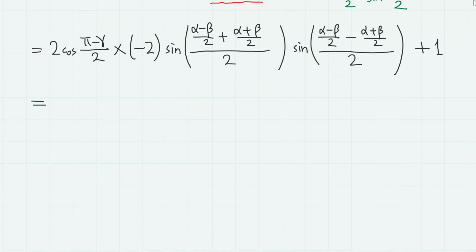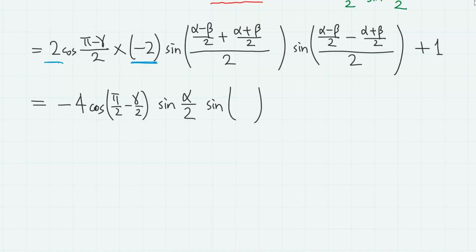So now we have 2 times minus 2, so minus 4 times cosine (pi over 2 minus gamma over 2), sine, the first part gives alpha over 2, sine, and the second one gives the angle minus beta over 2, so this plus 1.